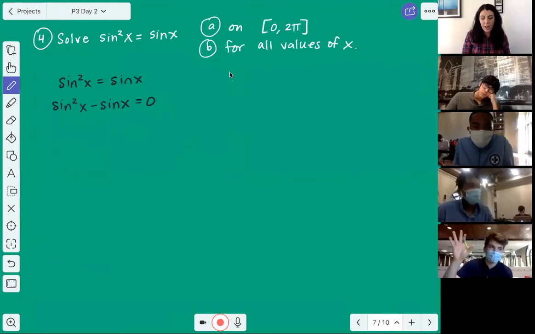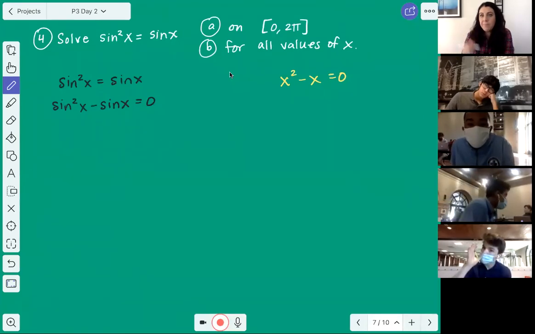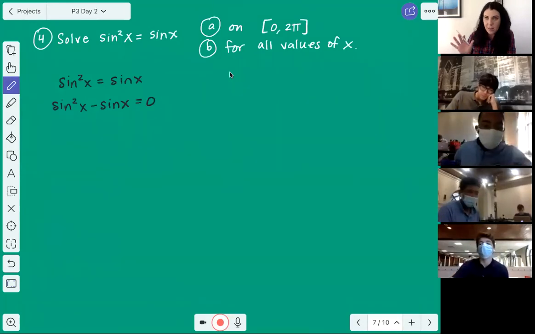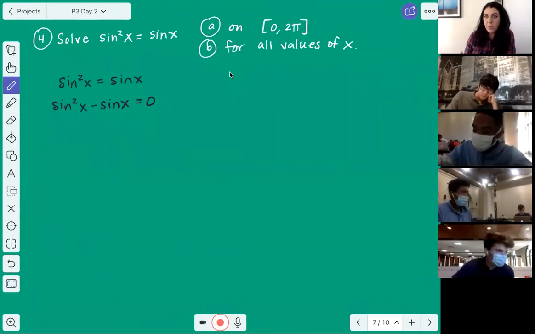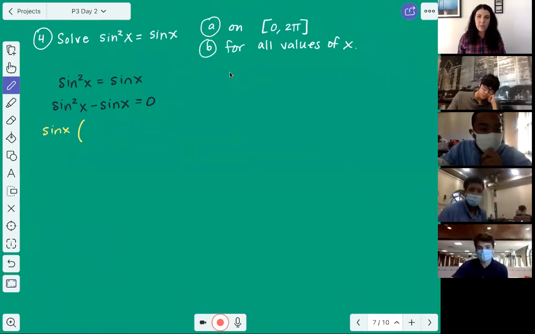So no, not quite. Here, let me get you a similar question. x squared minus x. What could I do if I had x squared minus x, if I was trying to solve that? So we can factor it out. Exactly. So if you get stuck, try to just pretend it's x instead of sine x and see what you do. That's exactly right, Elijah. You could factor out a sine x. And what would you have left if you factored out a sine x?